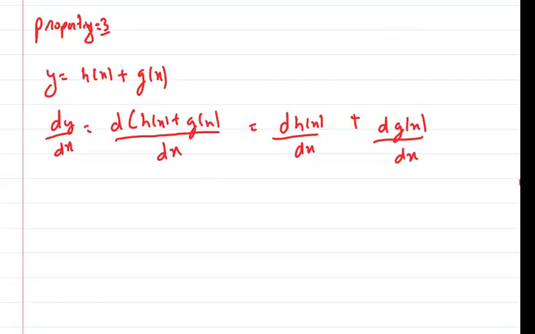Clear? It is clear? Abhay, I just said, if I'm having two different functions, h of x and g of x, which are added, then the differentiation of this function is the differentiation of individual functions. Okay, that is it.